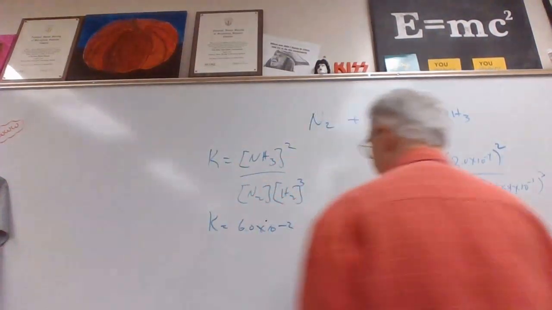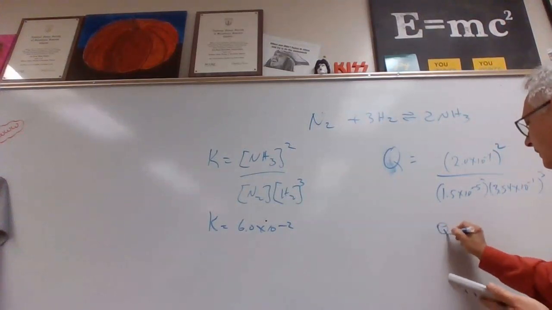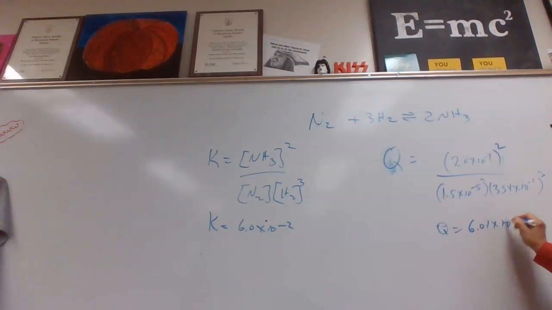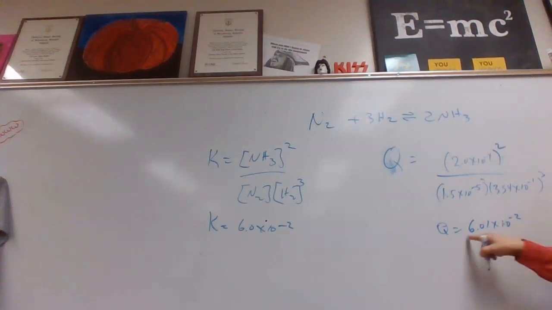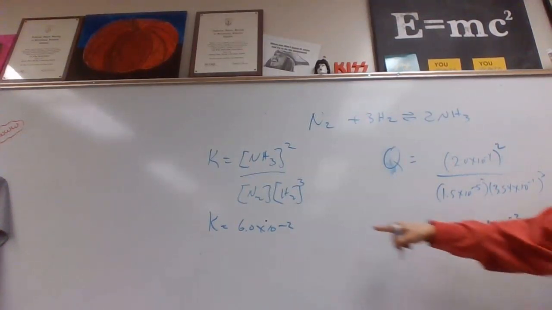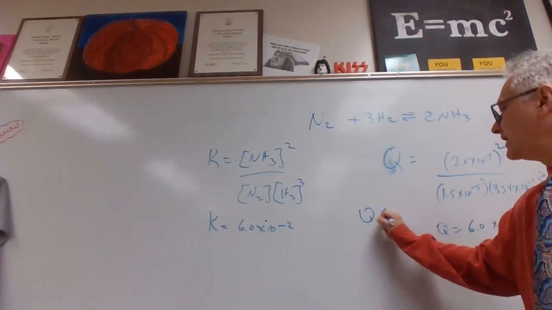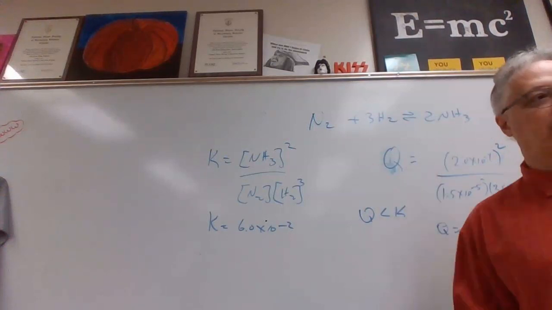And I get Q here to be 6.01 times 10 to the minus 2. So I say that my Q is close enough to my K to call this equilibrium. Matter of fact, if you just take it to the tenths place, you get the same answer. And don't forget, if Q is less than K, it's going to move toward products.